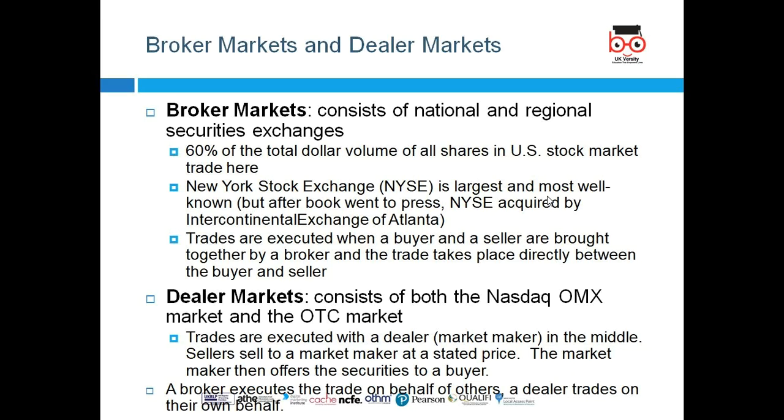Dealers, of course, consist of both, and the trades are executed with the dealers, and the market in the middle, the seller sells to the market at the stated price. The middleman can earn huge because they know the risk. They do regular study of the companies, which way they're moving, which new product. That's why an early information leak can be beneficial for various investors.